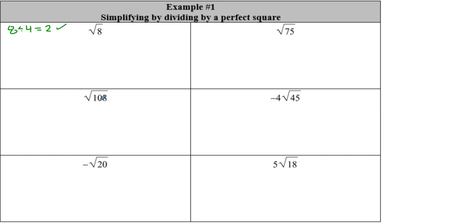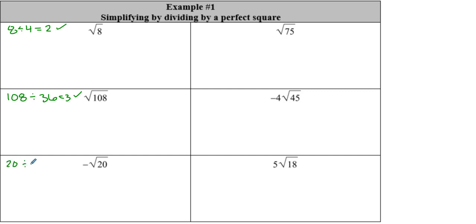All right, 108. Do we have a perfect square that goes into 108? Well, I believe it can be divided by 36. So 108 divided by 36. 36 is 6 squared, and that gives me 3. So yes, that one will work. Do I have a perfect square that can divide into 20?